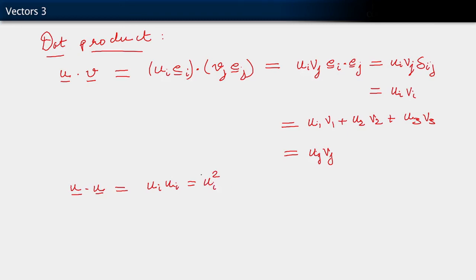Well, if I wrote this as ui squared, I would have to explicitly write out the sum because the indices are not repeated there. But that's why I prefer to write it as ui times ui. Okay, so this is what it does for the dot product. Let's look at what it does for the cross product, and we will be done with this segment.